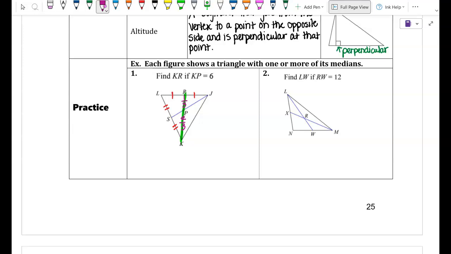They tell me that KP is 6. Well, I know that KP is equal to 2/3 of KR. KP is 2/3 of the entire segment, which is KR. So if I substitute in what I know, KP is 6, so 6 is 2/3 of segment KR.